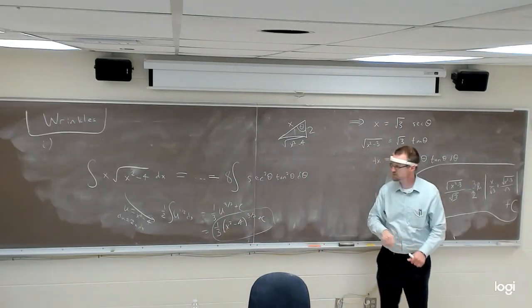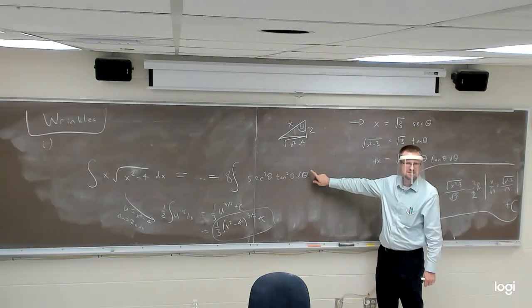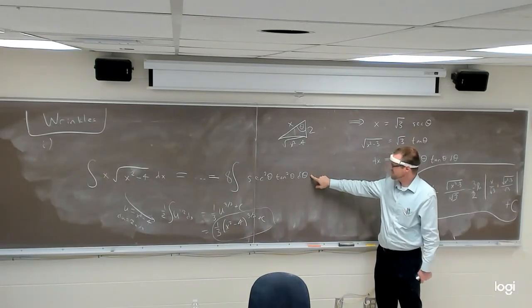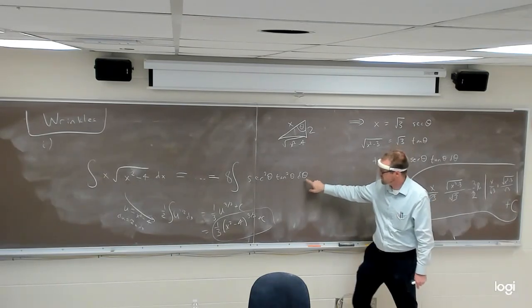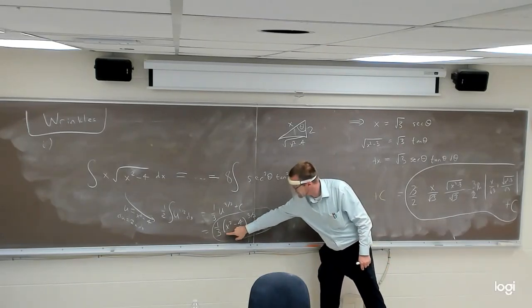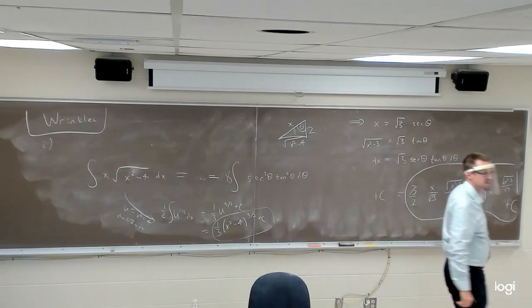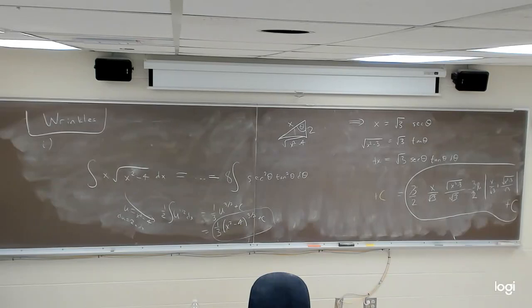I claim that you would eventually wind up in the same place here. I said you could sub for a tangent, you get a third tangent cubed, and it turns out this is basically like a third tangent cubed. They end up in the same place. But the trig method is definitely the long way to get there.